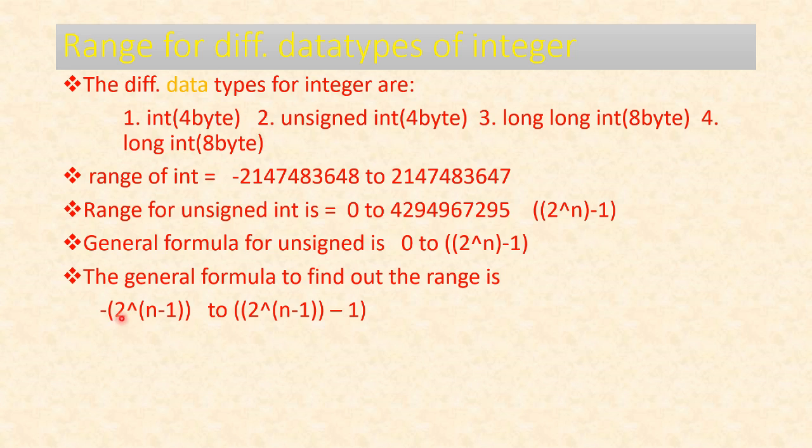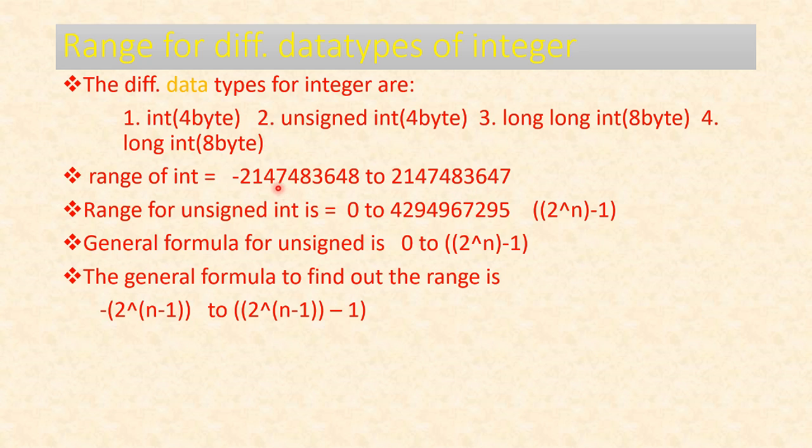So the formula is minus 2^(n-1) to 2^(n-1) minus 1. To get the range of the int, we put the value of n as 4 into 8, which is 32, as it is occupying 32 bits. So 2^31. So the range will be from minus 2^31 to 2^31 minus 1.